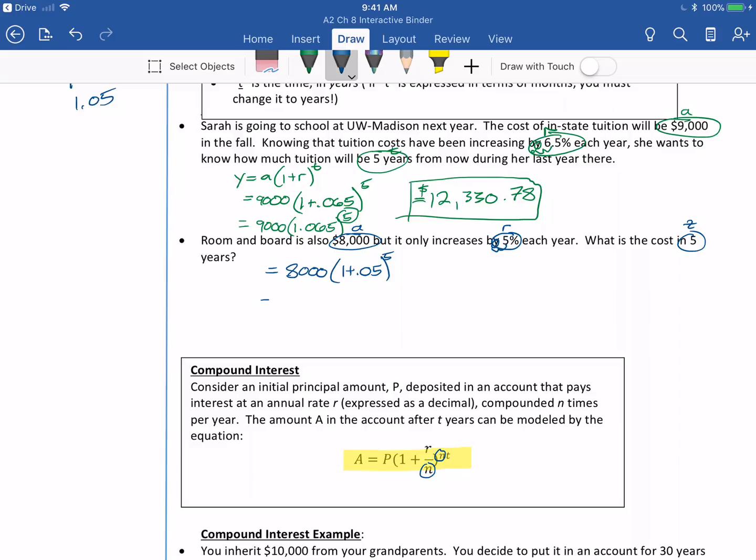In your calculator, you can put 1.05 to the 5th power, do that exponent first, then multiply by 8,000, and you should get $10,210.25. Make sure you label that, guys, with dollars. It's a word problem. That one's not too bad, pretty much just plugging and chugging in your calculator.